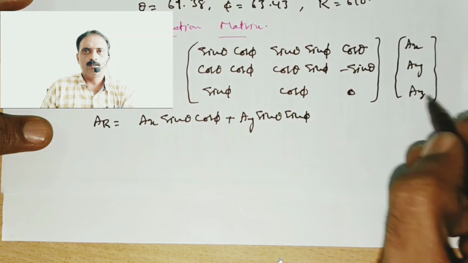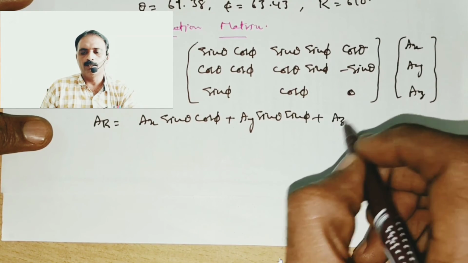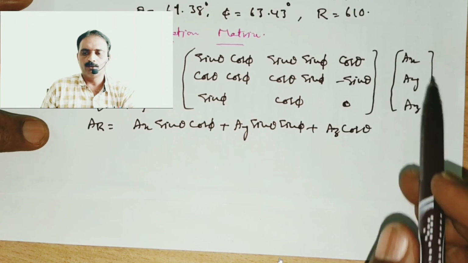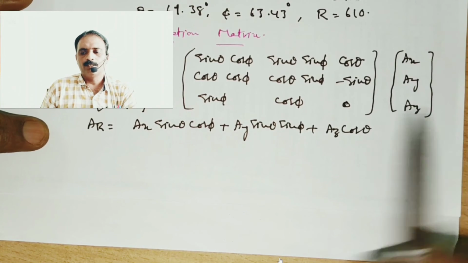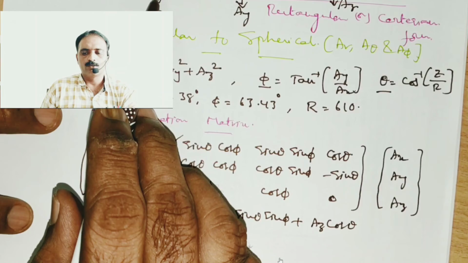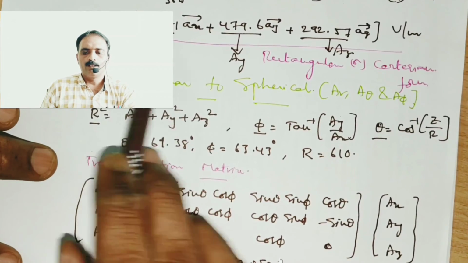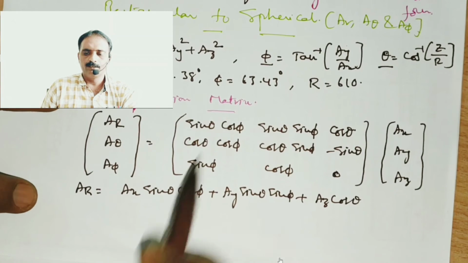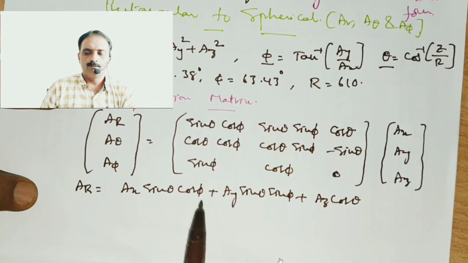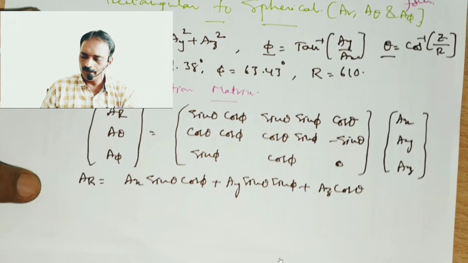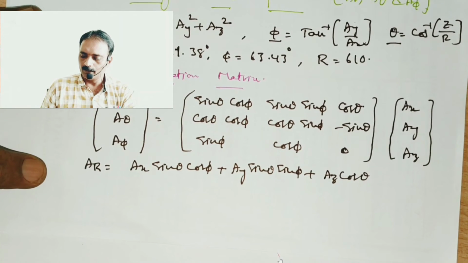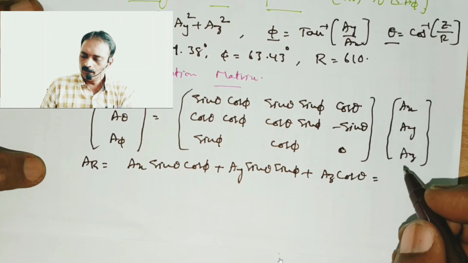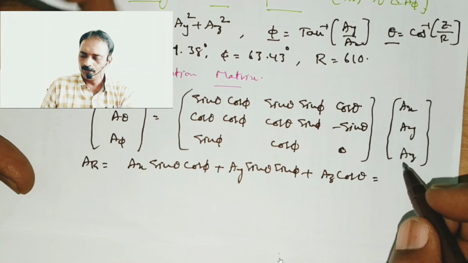Already we have calculated all these values r, theta and phi, and we are aware of the magnitudes of Ax, Ay and Az. So substitute simply those values here. So Ax, Ay, Az and also theta and phi. Theta is 61.38 degrees and phi is 63.43 degrees. And substituting all these values, we simply get the magnitude of Ar as equal to 610.65 volts per meter.